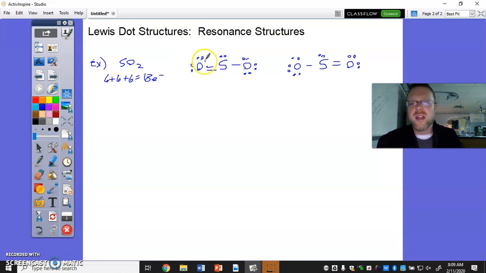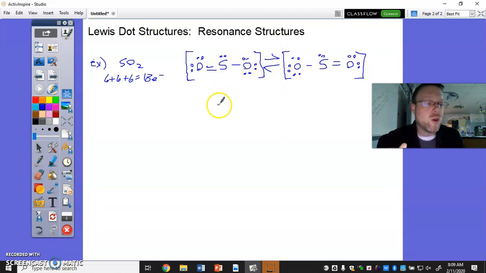And so you could kind of think about one way to model this is that, well, if this model is good and this model is good, then maybe more in reality, this molecule is constantly flipping back and forth between these two structures. And so, if they're vibrating back and forth between these two structures, that's where the term resonance comes from.